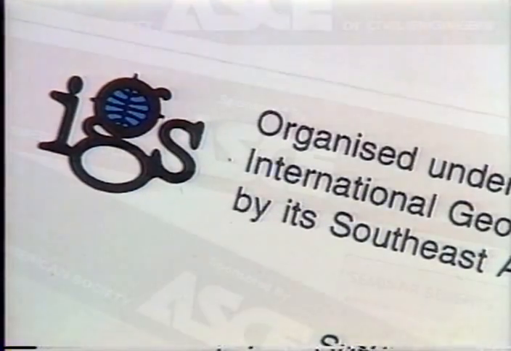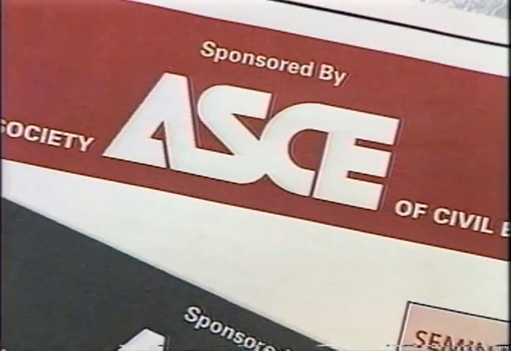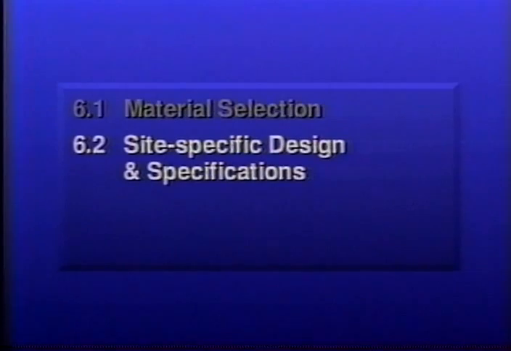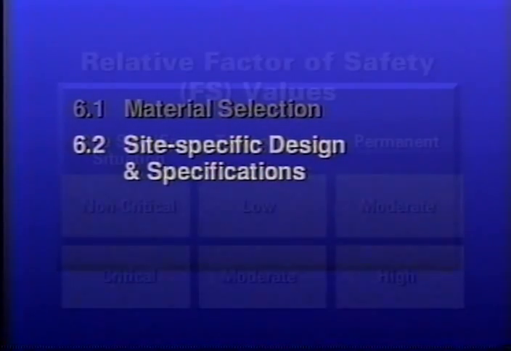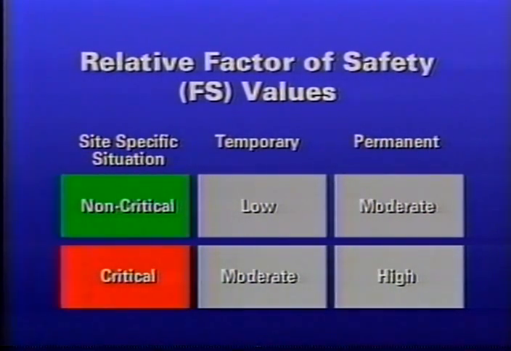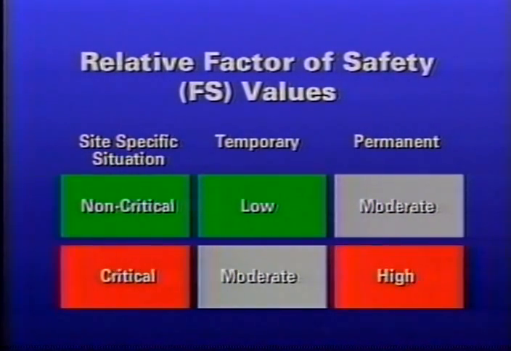This body of knowledge provides well-documented design and construction methods and real evidence that these materials work. All designs should be site and product specific. The final factor of safety will depend on an evaluation of critical versus non-critical and permanent versus temporary criteria. The non-critical temporary situation will have the lowest factor of safety, and of course, the permanent critical the highest.